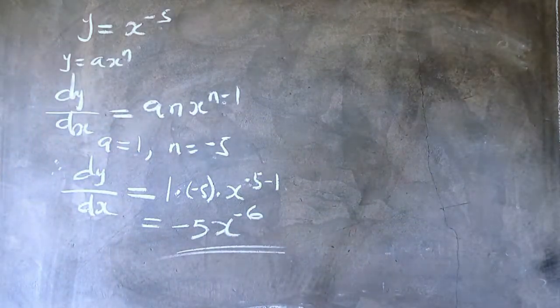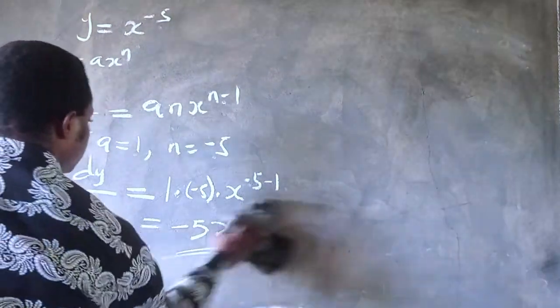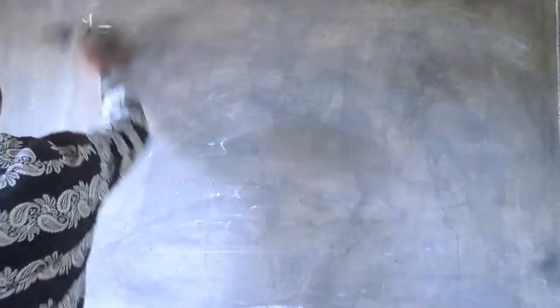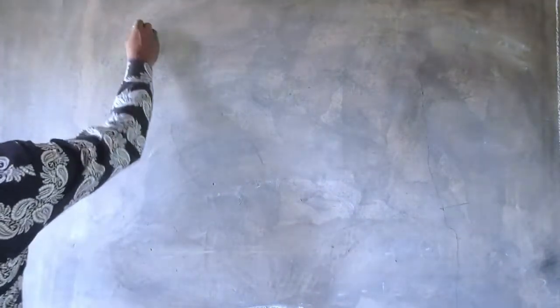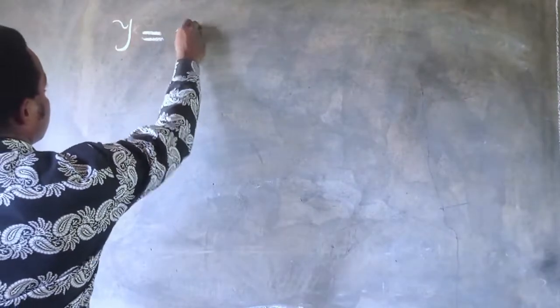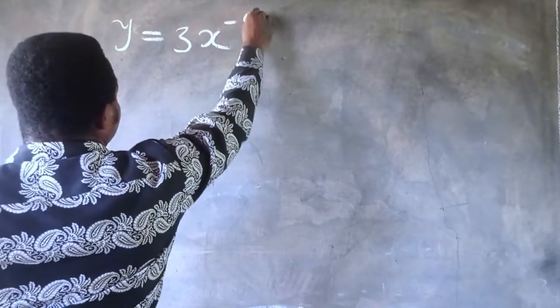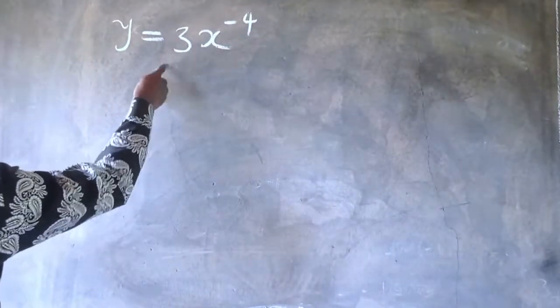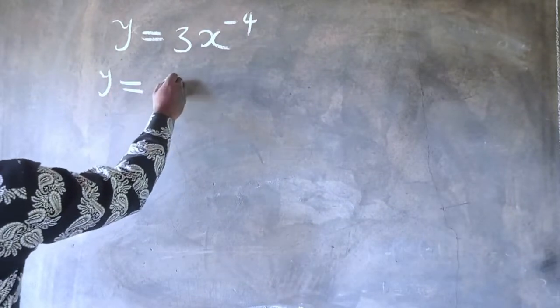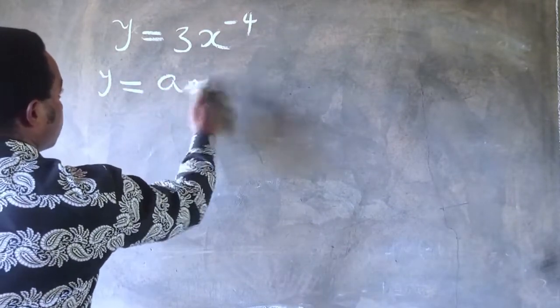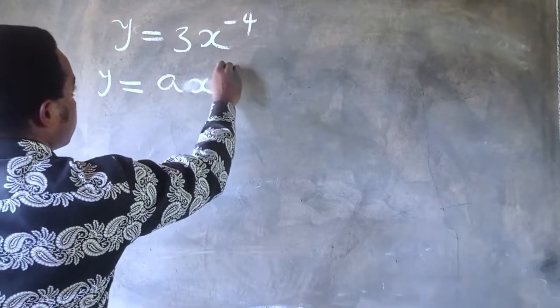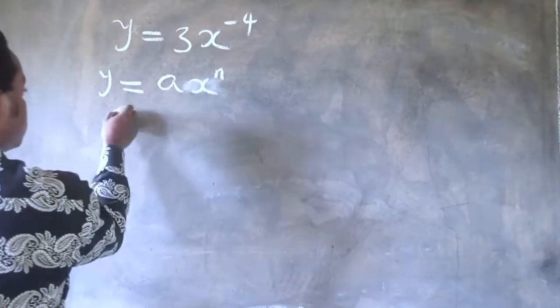It's a lot of fun. You can see calculating derivatives can be so simple and fun. Now let's go on and see the second one from the list, which is y equals 3x raised to power negative 4. This also is of the form ax to the n power.